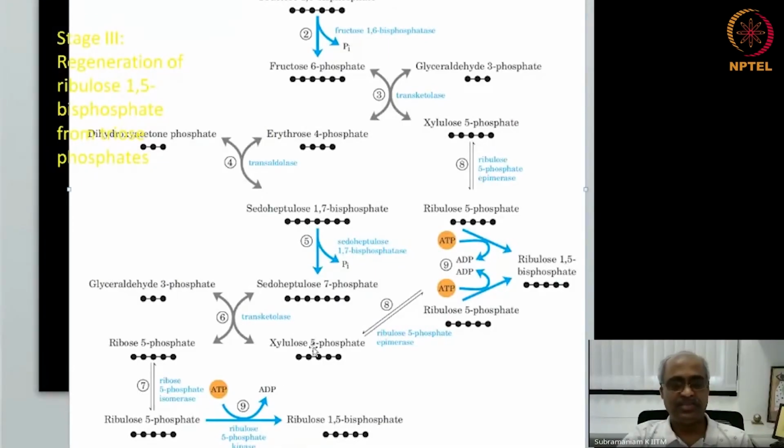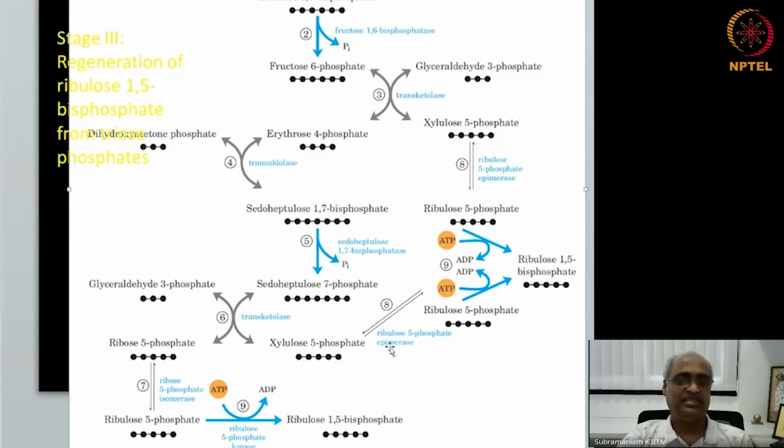For example, here this xylulose 5-phosphate by an epimerase becomes ribulose 5-phosphate, and that gets phosphorylated again, a seriously endergonic reaction requiring ATP hydrolysis, unidirectional again. So the unidirectional ones are shown in blue, forming the ribulose 1,5-bisphosphate. And a very similar reaction, an epimerase and this kinase reaction, converts the xylulose formed here to this. These are identical molecules at the same steps.